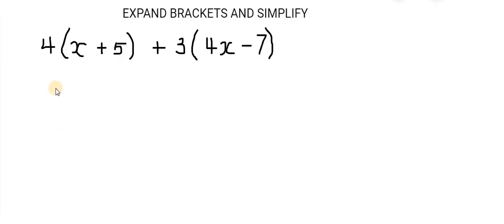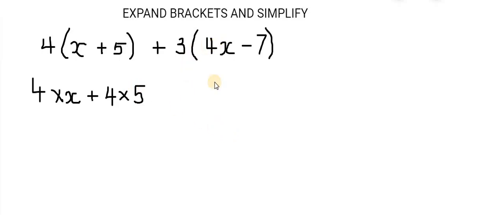Okay, so we have 4 bracket x plus 5 plus 3 bracket 4x minus 7. So to expand the brackets, we know that what's outside multiplies everything inside. So that's 4 times x plus 4 times 5, or 5 times 4 will give you the same answer.